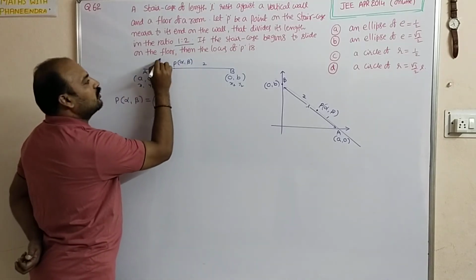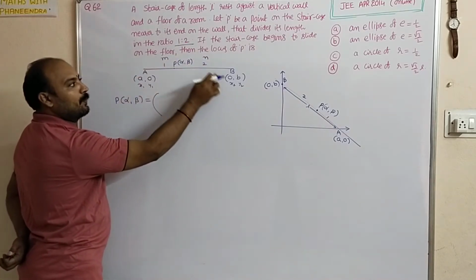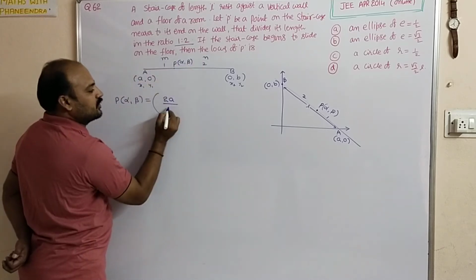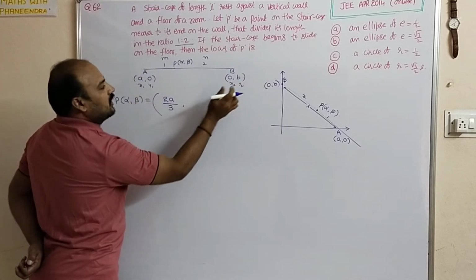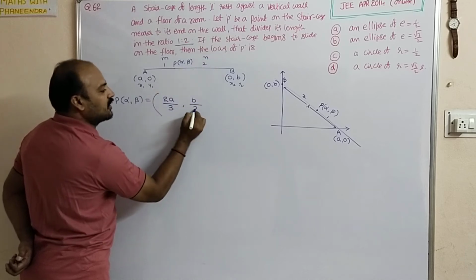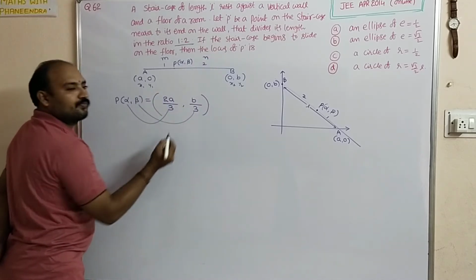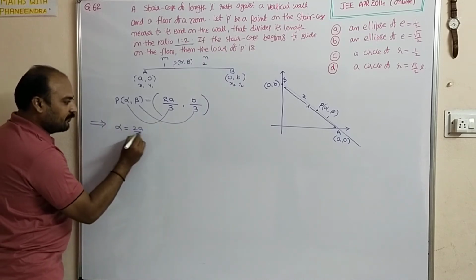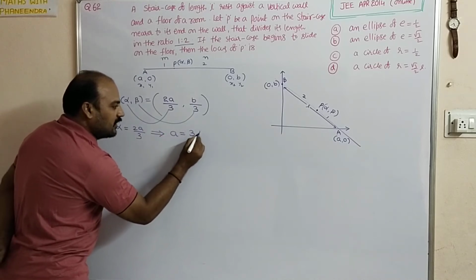This is the m value, this is the n value. 1 into 0 plus 2 into a, so 2a divided by 1 plus 2 is 3. And 1 into b plus 2 into 0, so b divided by 1 plus 2 is 3. Equating these two, alpha equal to 2a by 3. That implies a is equal to 3 alpha by 2.